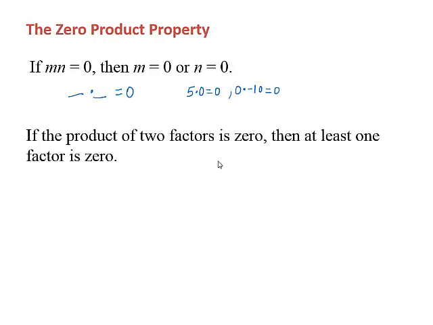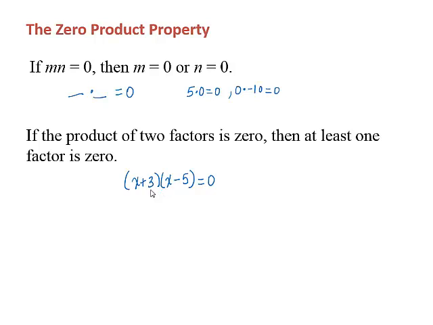How will that relate to quadratics? Well, if you remember, a quadratic expression can be factored, that is expressed as a product. So it might be that we have a quadratic expression, and let's just say we end up with something in the form x plus 3 times x minus 5 is equal to 0.